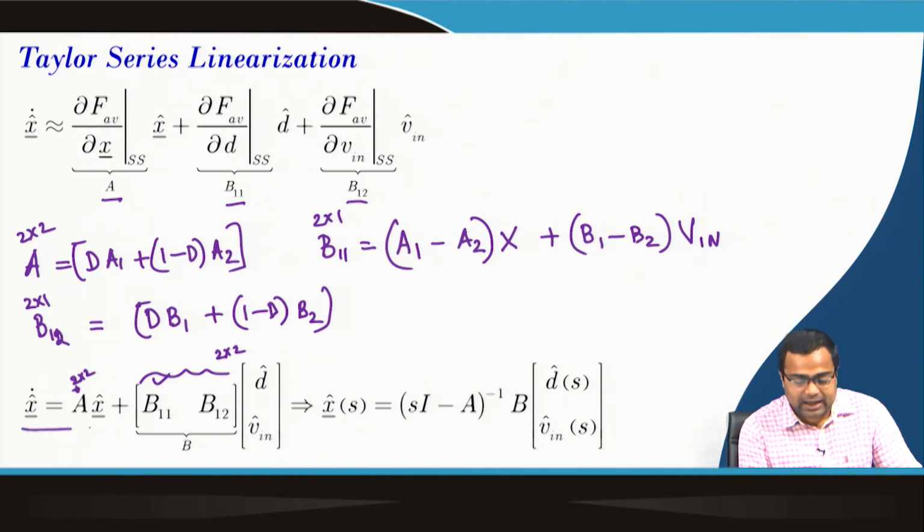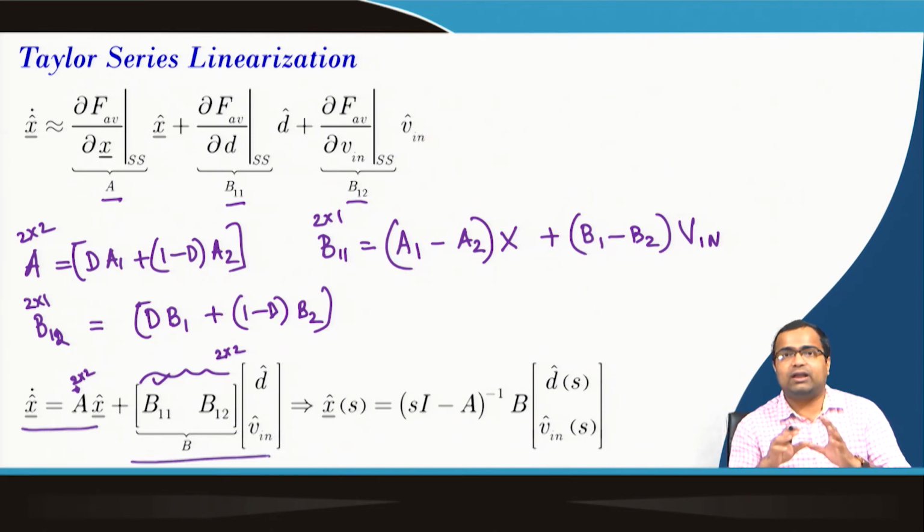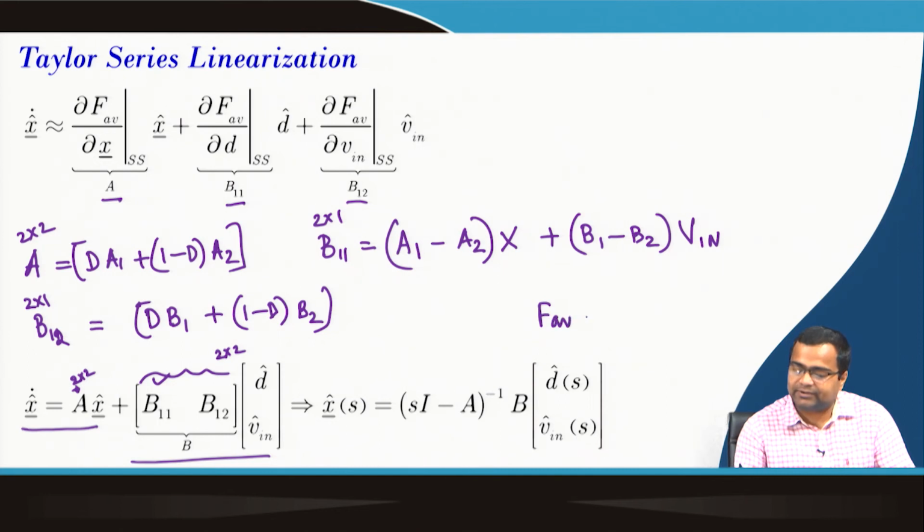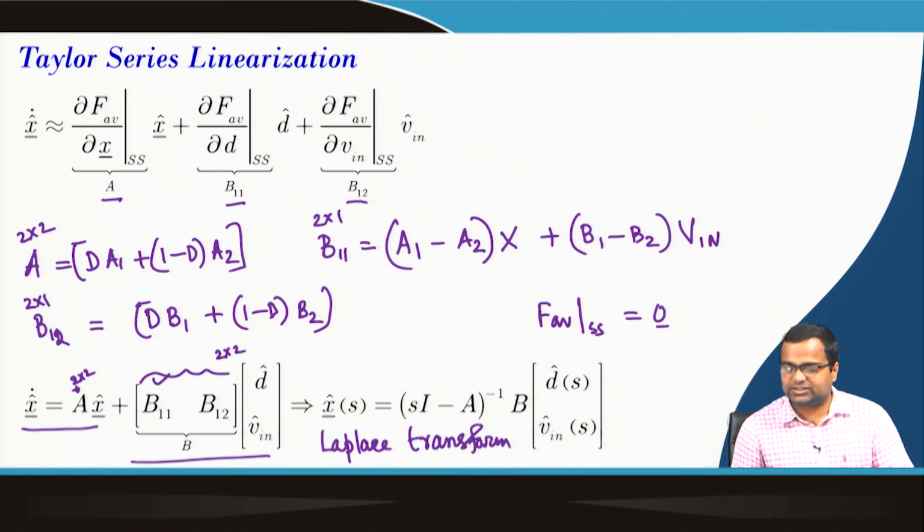So, now after writing this per term model, where we have ignored the higher order term and the DC offset term was set to 0, because under operating condition, we wrote that FAV steady state was a null matrix, we got this linearized model, and now we can apply Laplace transform to find the transfer function.